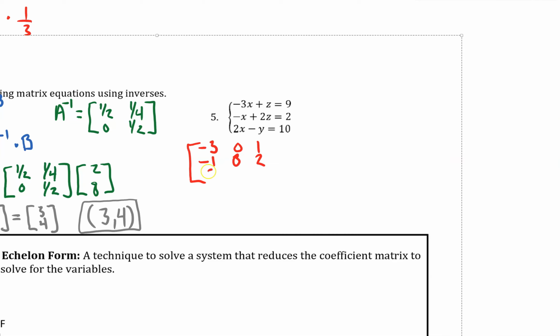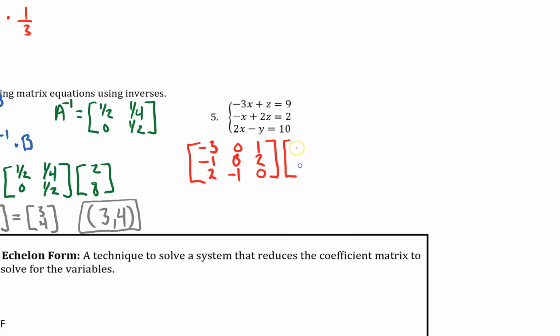And then the third one, we're going to say 2 for the x, -1 for the y, and 0 for the z, excuse me. And then we have our variable, and all that together is going to equal our constant matrix of 9, 2, and 10.